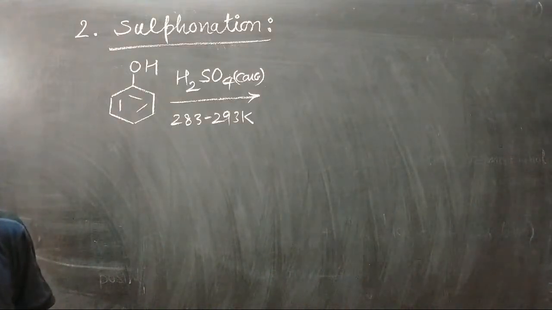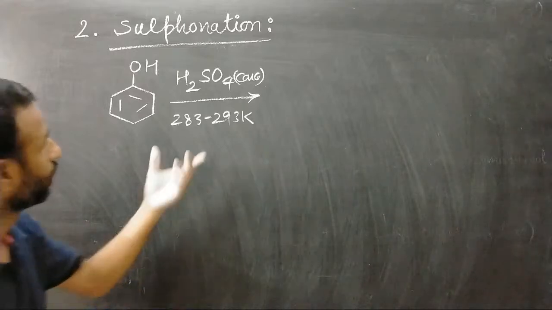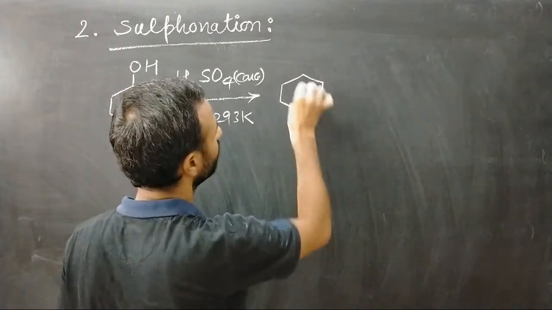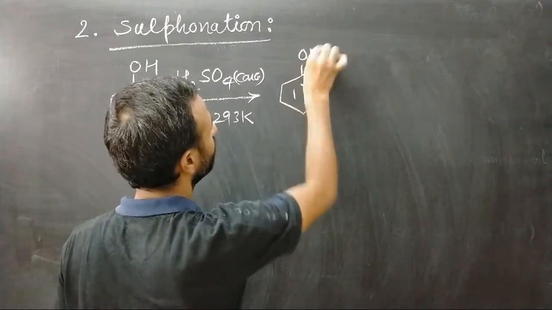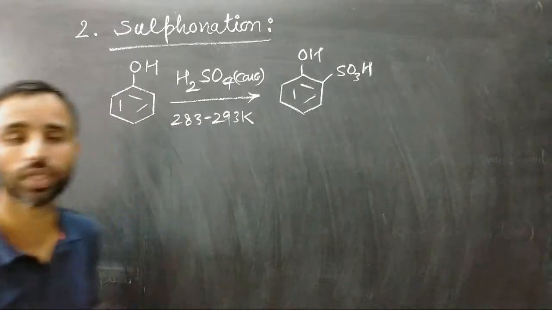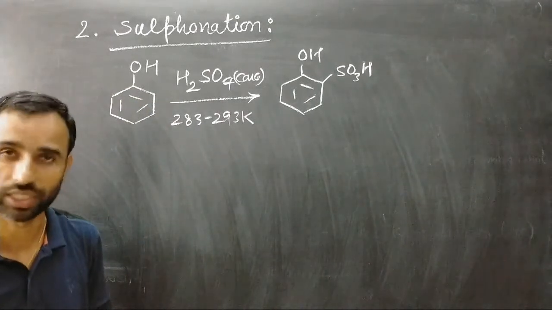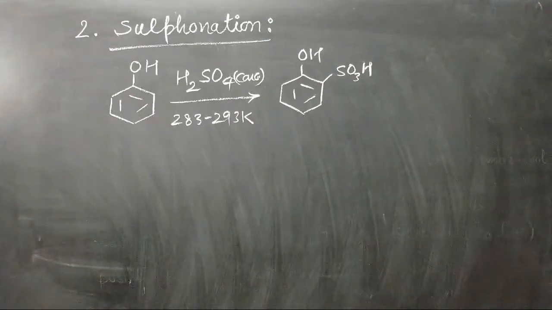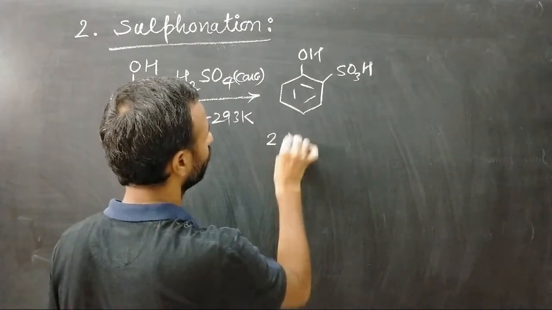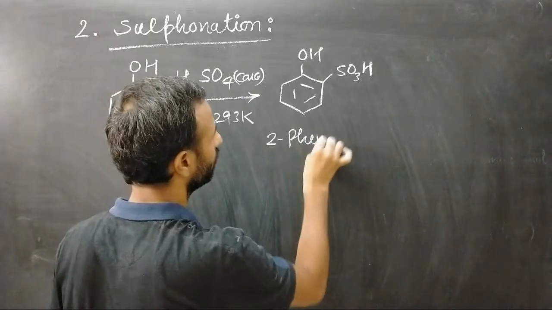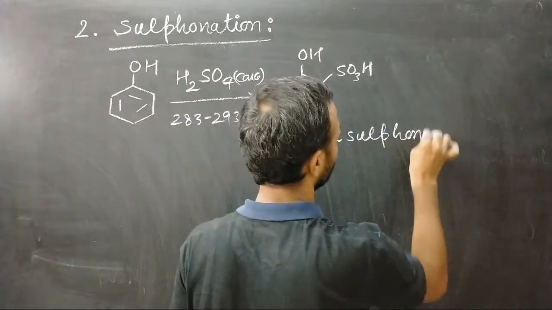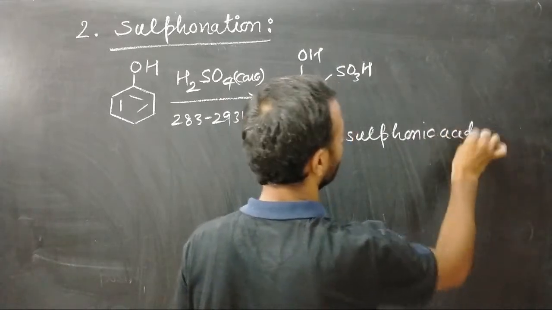If we use low temperature, then we get ortho-hydroxybenzene sulfonic acid, or we can say 2-hydroxybenzene sulfonic acid, or simply 2-phenol sulfonic acid.